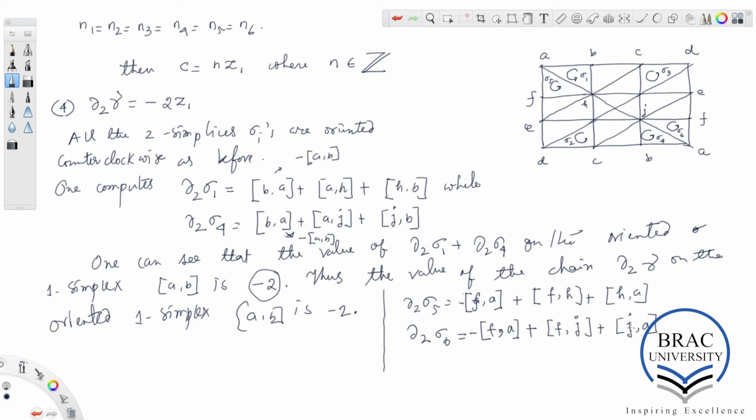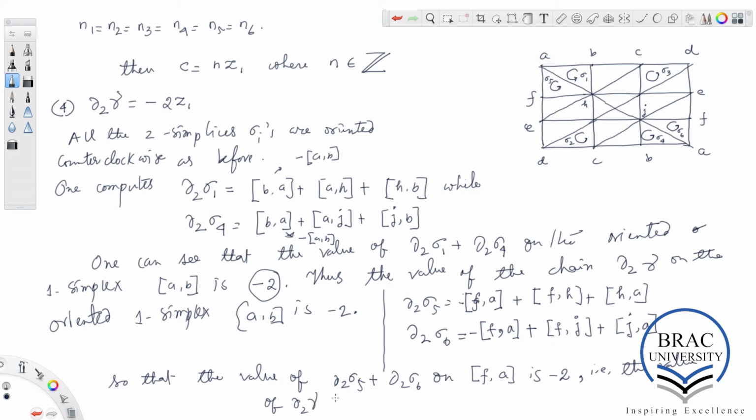So one verifies immediately that the value of del 2 sigma 5 plus del 2 sigma 6 on f comma a is again minus 2. That is, the value of this one chain del 2 gamma on f comma a is minus 2.